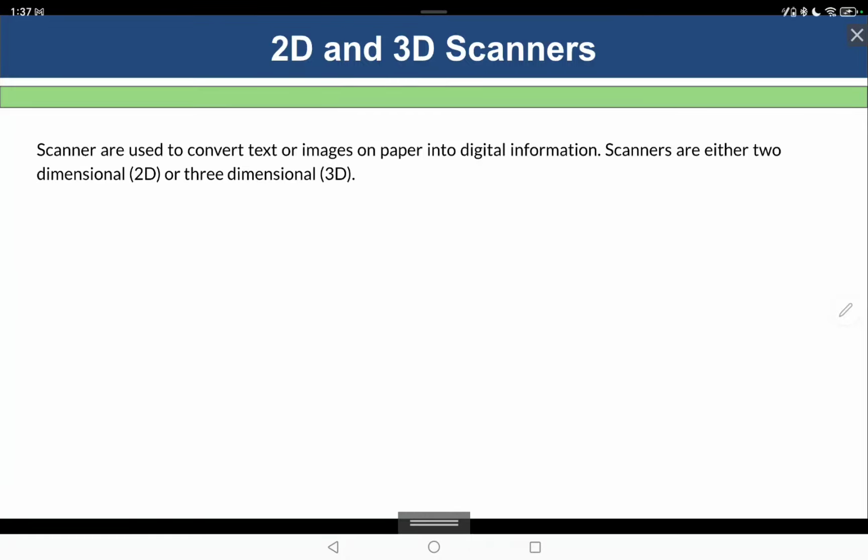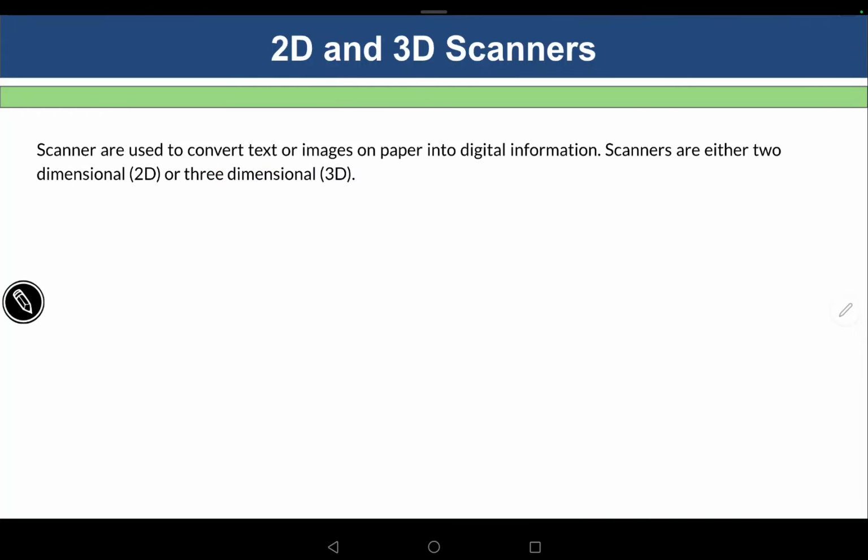Now let's look at 2D and 3D scanners. A scanner is a device that is used to convert text or images on paper into digital formats. Scanners can either be two-dimensional or three-dimensional. Now let's look at a 2D scanner.